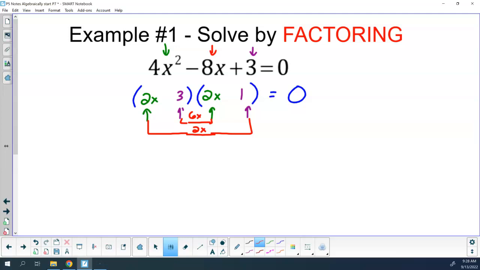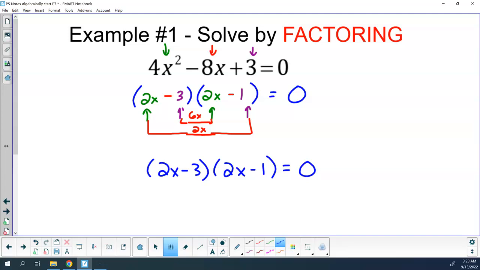And they either have to be both pluses or both minuses. In this case, because I want them both to be minuses, I'm going to go minus and minus. So the factored form of this equation would be 2x minus 3 and 2x minus 1, and that would be equal to 0.